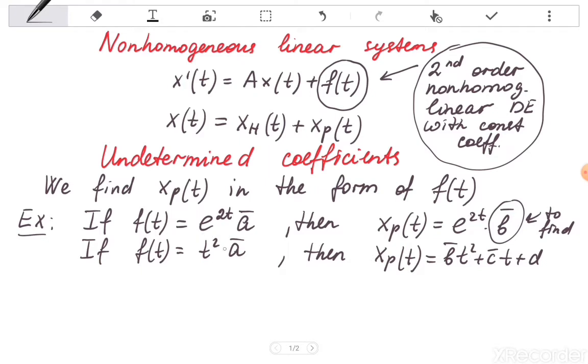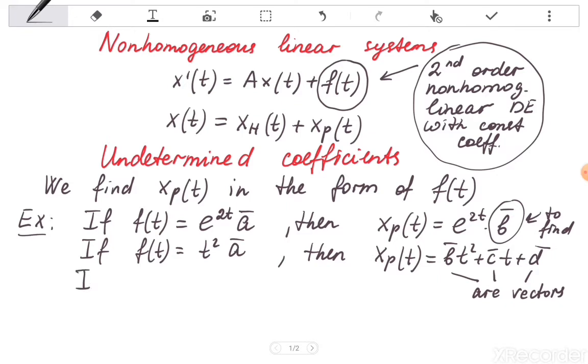But the coefficients now are not just numbers, these are vectors. So the difference between just a linear differential equation and systems is that the coefficients are unknown vectors, which again we will find by substituting this particular solution into the system.